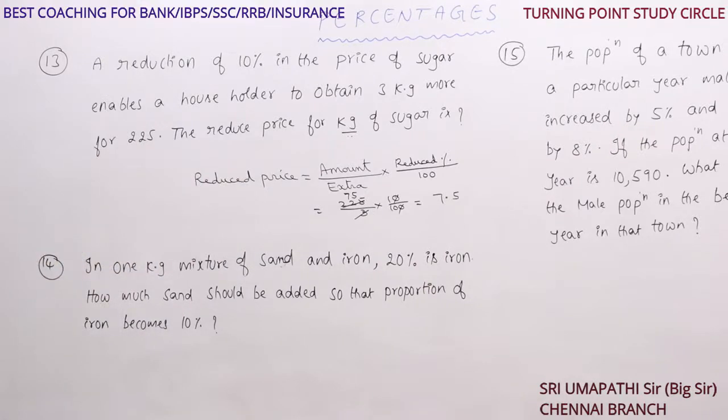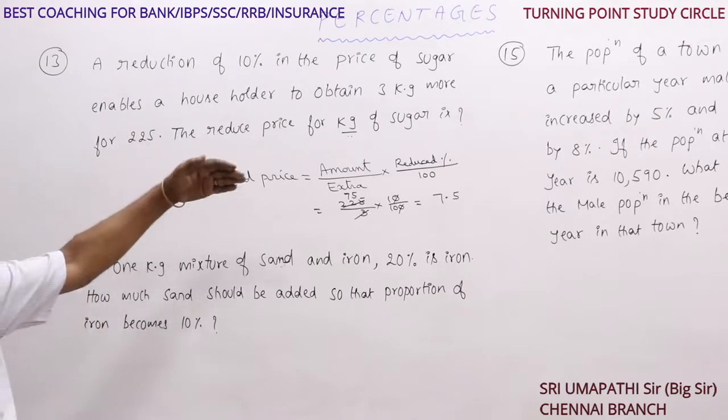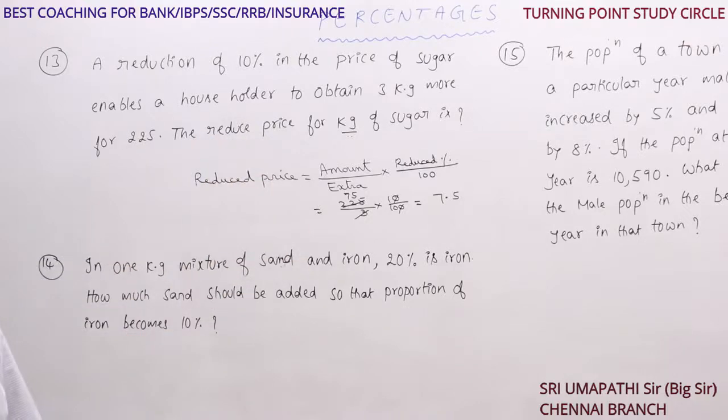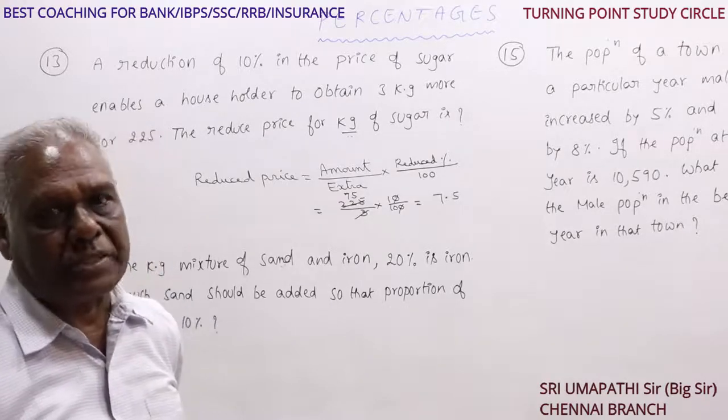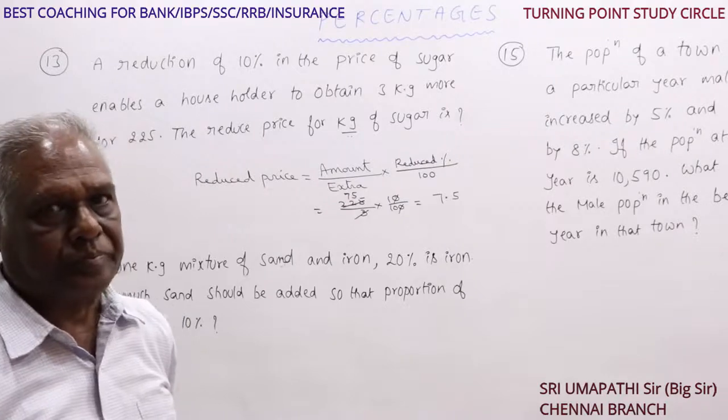Even if you think deeply, 10% of 225 rupees is 22 rupees 50 paise. For that 22 rupees 50 paise, we are getting 3 kgs more. So the cost of 1 kg is equal to 22.5 by 3, which is 7.5. So in that way also we can analyze, or taking X, we can proceed. It takes so much time.